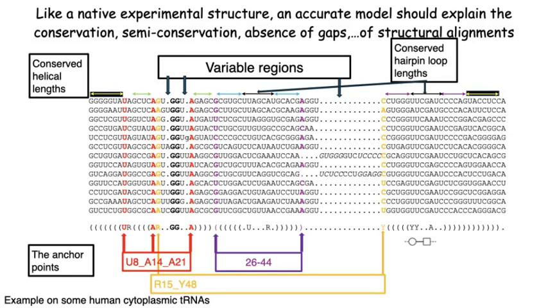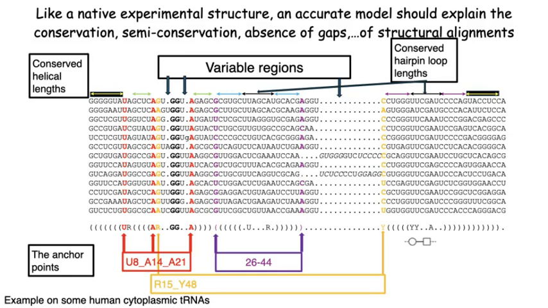And so an accurate model should explain the conservation. You see here, the U is always conserved. Here you see the U is always conserved. And sometimes there is a semi-conservation; it's not always there. So if your model is right, you should be able to understand sequence alignments. You should be able to produce a sequence alignment that is really the reflection of all these families of homologous molecules, right? And this is a very important point, I think.